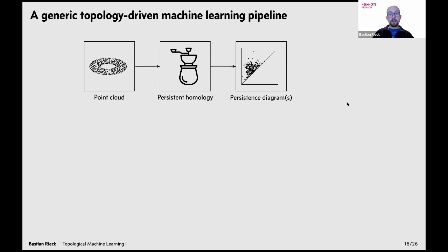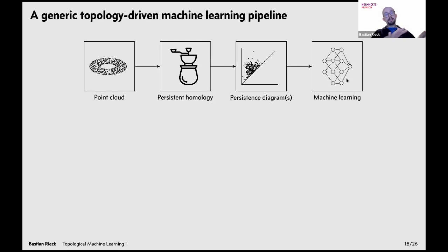You get your persistence diagrams or other descriptors, of course, and then you do the machine learning. So this is the traditional way of doing things, right? You take the diagrams and then you somehow featurize them and put them in a machine learning model. But this is not all there is.